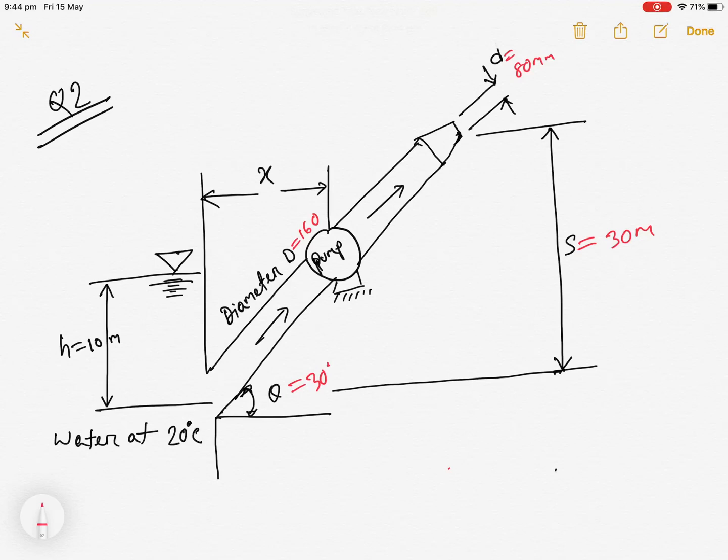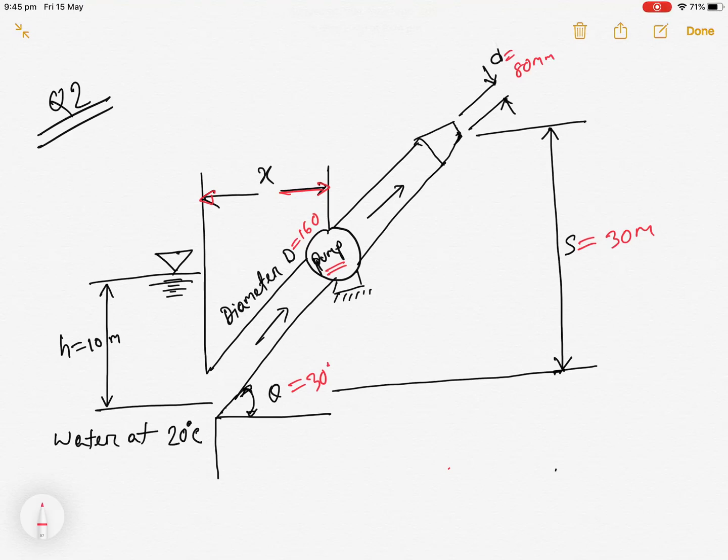Okay, the height, I will explain later. Initially we need to calculate the distance here where the cavitation starts. So the pump is here. You all know cavitation occurs when the liquid in a pump turns to a vapor, and it becomes a vapor at low pressure.